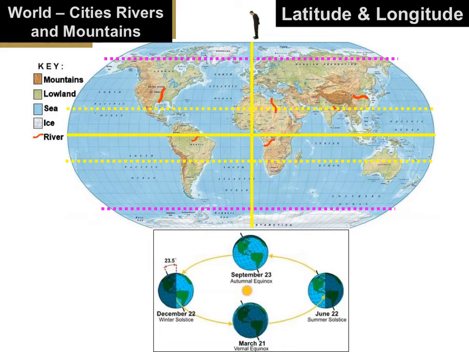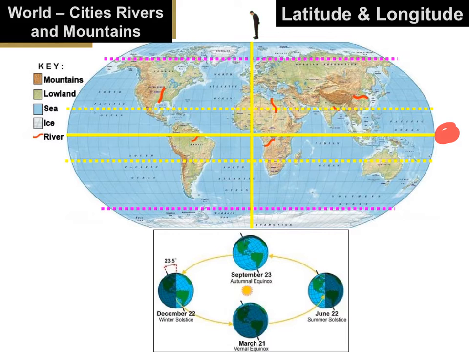Before we start looking at the rivers, the mountains and the cities, we're going to look at latitude and longitude. In effect, it's kind of a grid reference system, but on a global scale. The main line of latitude that you'll definitely have heard of is the equator, and that's the major line of latitude, so that's there.